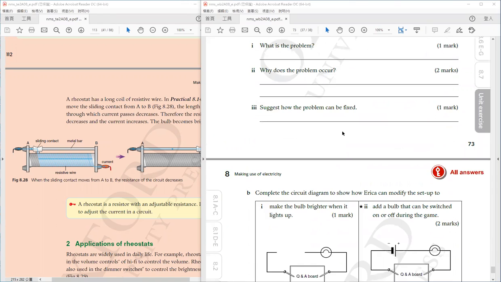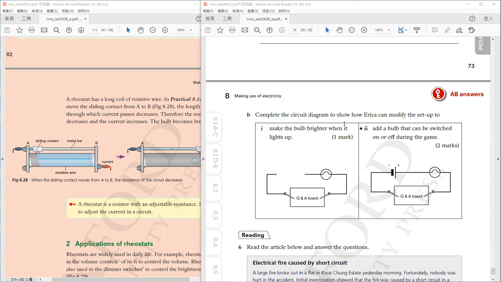So the last part. To make the light bulb even brighter, you can add several more light bulbs. For example, light bulb 1, light bulb 2, light bulb 3.